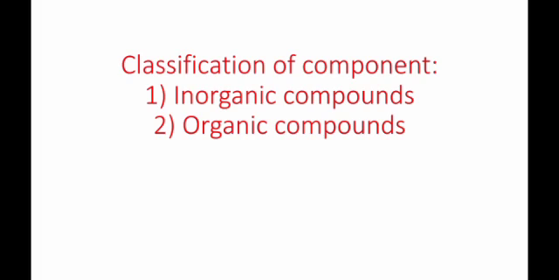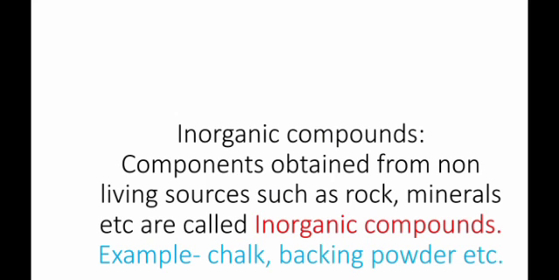Generally, compounds are classified into two types. First one, inorganic compounds. Second one, organic compounds. First one, inorganic compounds. Compounds obtained from non-living sources such as rocks, minerals, etc. are called inorganic compounds.